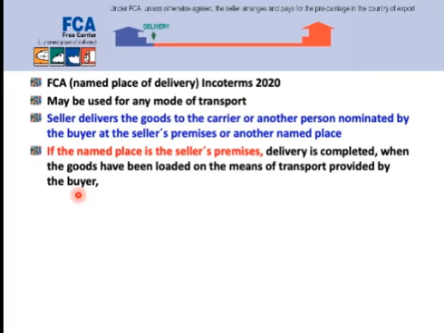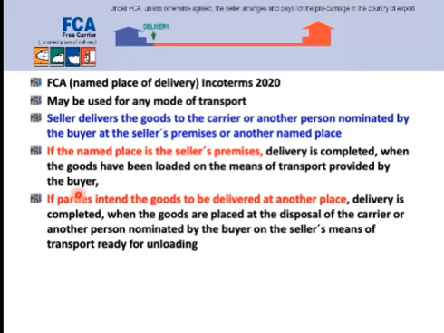Okay? And if the delivery point is another named place, the delivery is completed when the goods are placed at the disposal of the carrier or another person nominated by the buyer on the seller's means of transport, ready for unloading. What does it mean?